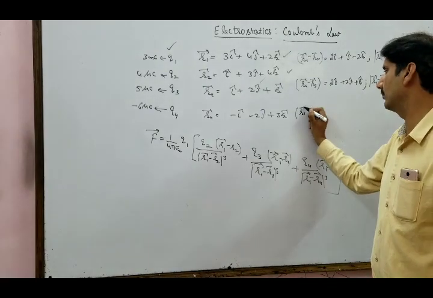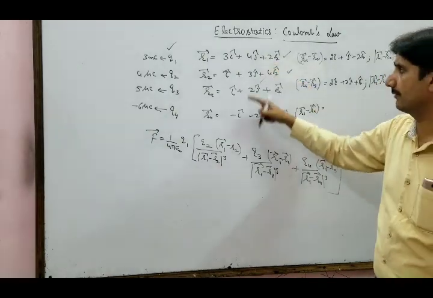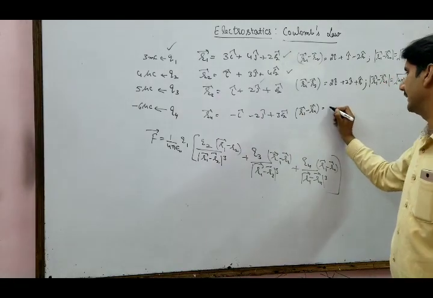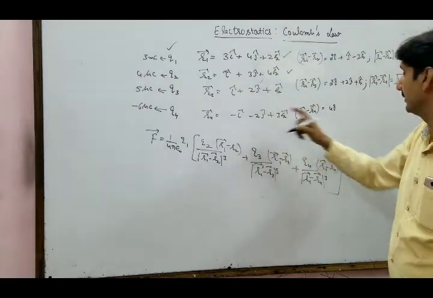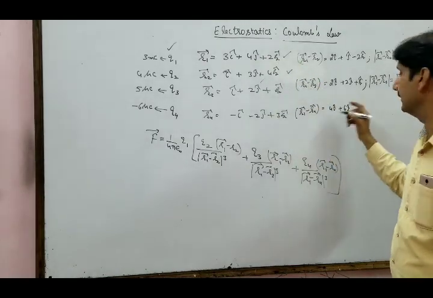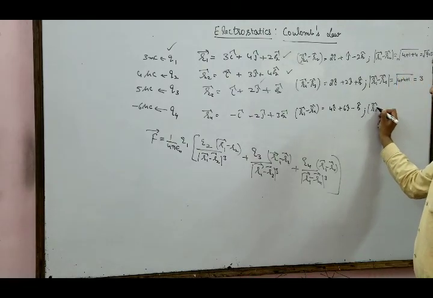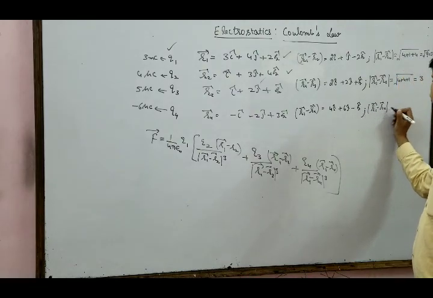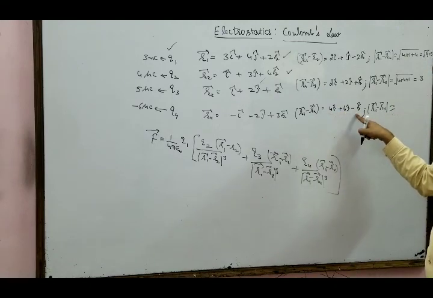Now, let's find out what is R1 minus R4. 3 minus 1, it is 4i cap. 4 minus 2, it is 6j cap. And 2 minus 3, it is minus k cap. The magnitude of R1 minus R4 is going to be square root of 4 square, 6 square and 1 square.